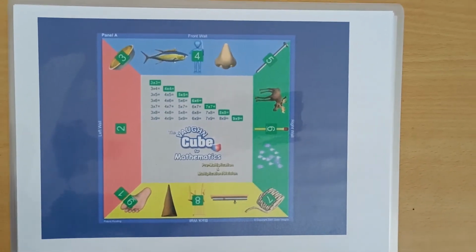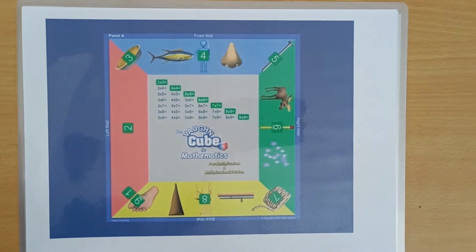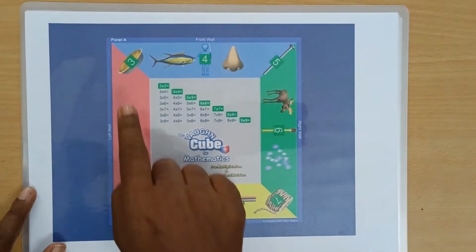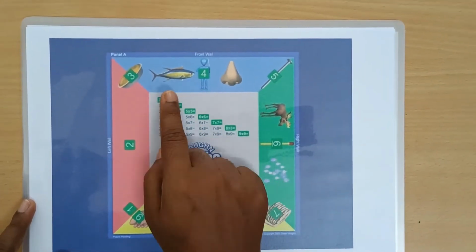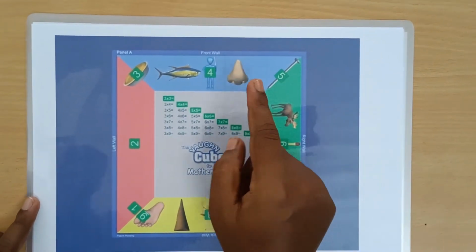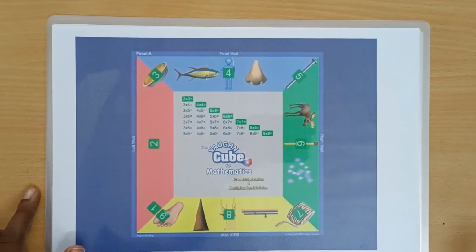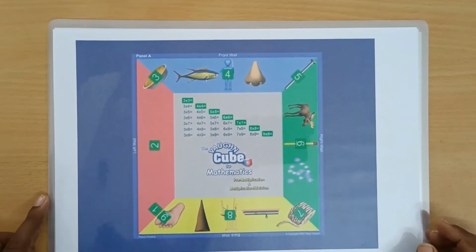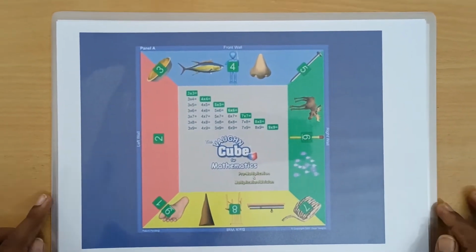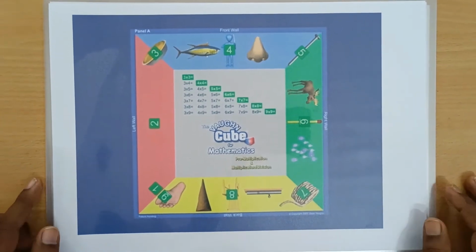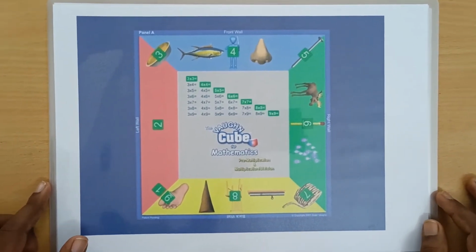After knowing the object's name, children need to know where the object comes in between which 2 numbers, or on which object, which number an object comes. So to make it easier for children, we can create a similar setup in our classroom.